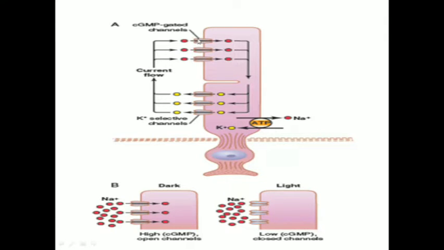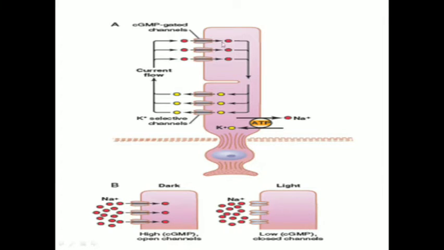So this cyclic GMP binds to the sodium channel protein of the rod's outer membrane, and due to this binding, these channels remain open, and through these channels the sodium ions can leak inside the outer segment of the rod cell.